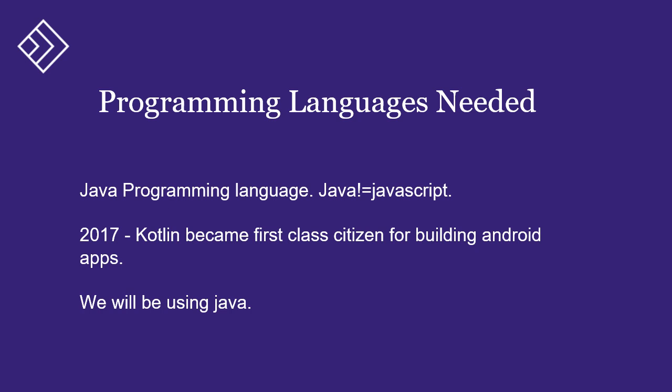In 2017, Kotlin, which had been around for a while, became at Google I/O, an annual developer event, the first-class citizen for building Android apps, meaning whatever Google is doing, they're going to give Kotlin first priority before Java.